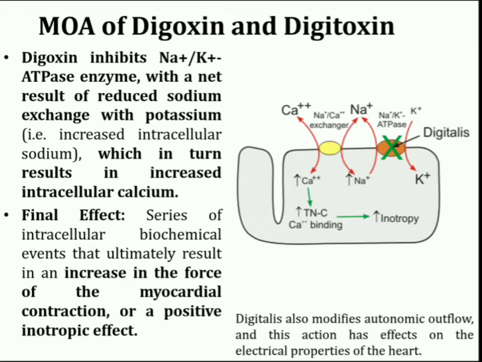The process of membrane depolarization or repolarization is controlled mainly by the movement of three ions: sodium, potassium, and calcium in and out of the myocardium cells.